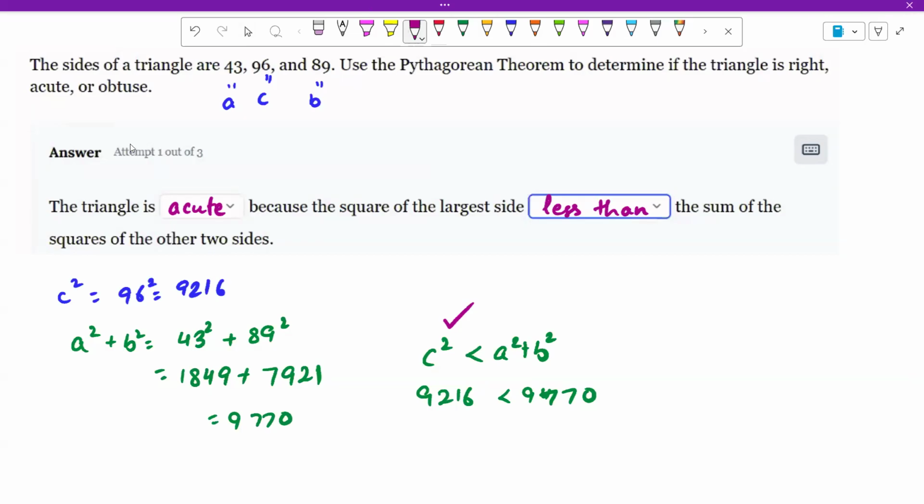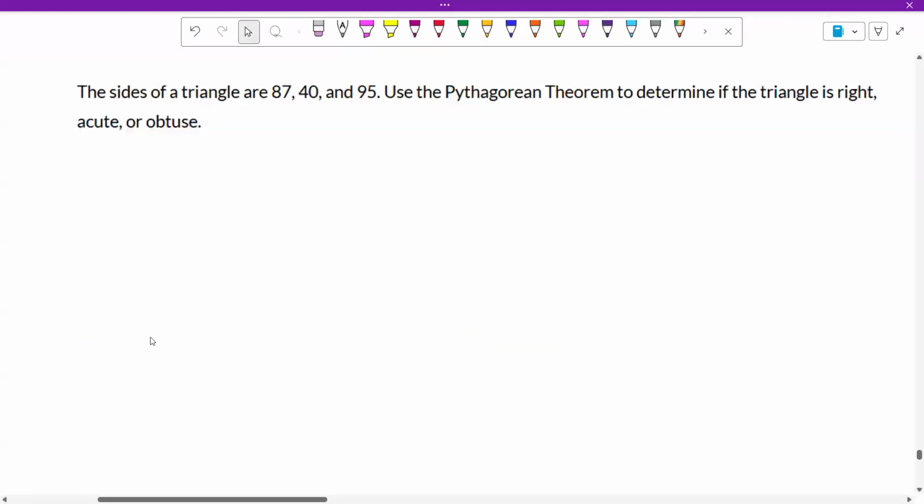Okay. Any question in this part? No. Let's go to another question here. Okay. So over here we'll again take the largest side and then we will find.